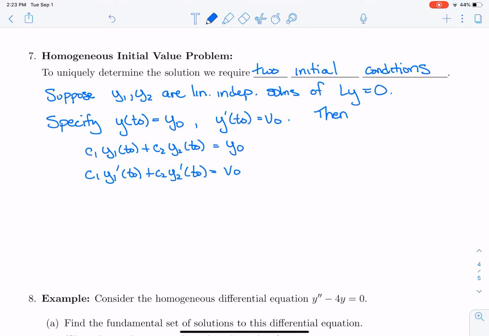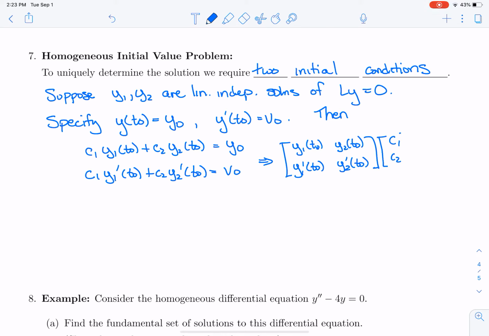Well, I'm going to write this in matrix form. I'm going to write this as y1 of t0 and y2 of t0, and then y1 prime of t0 and y2 prime of t0, times c1 and c2 is equal to y0 and v0.